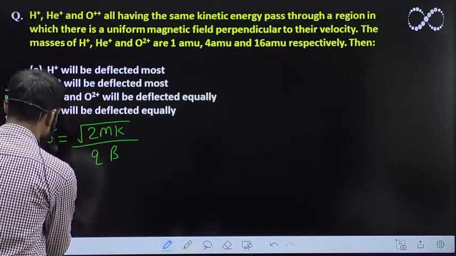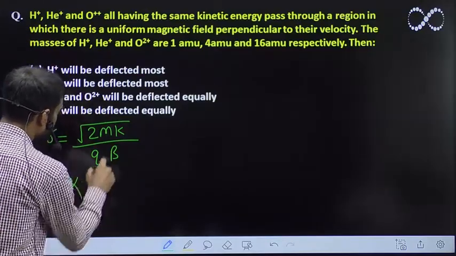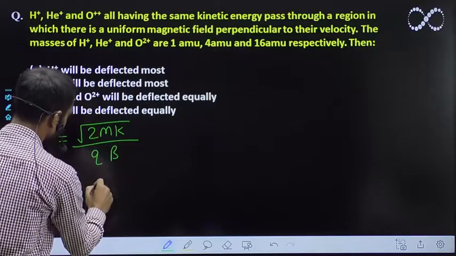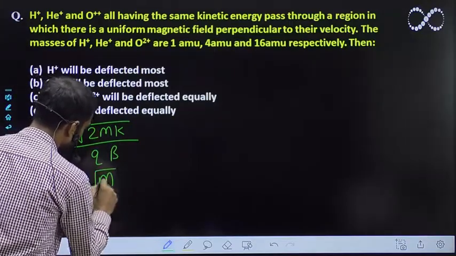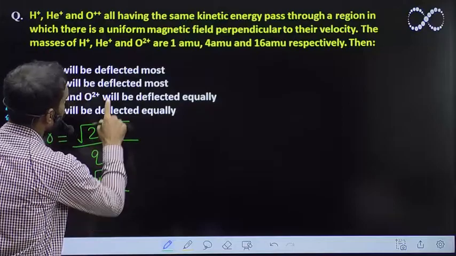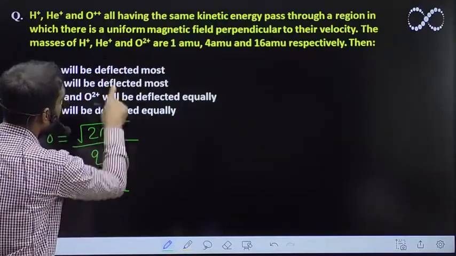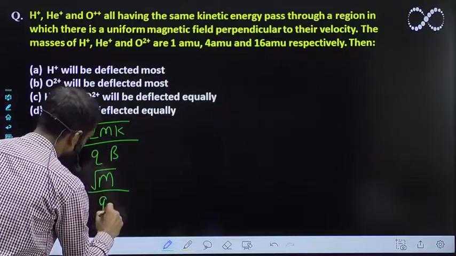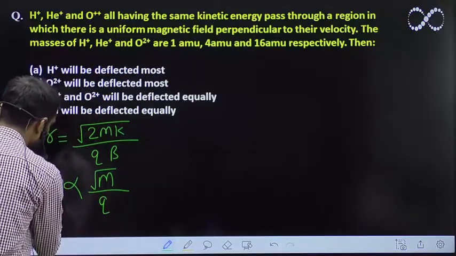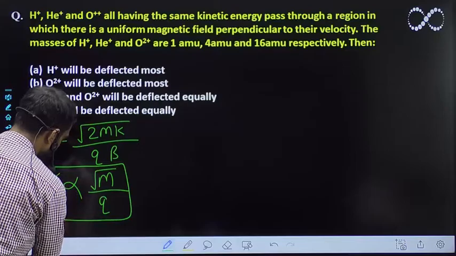So K is constant, 2 is constant, and B is the same for all, so the radius is directly proportional to √m/q.